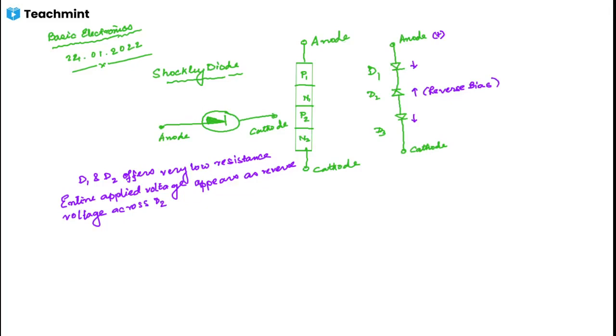So as the forward voltage increases, the reverse bias across D2 is also increased.